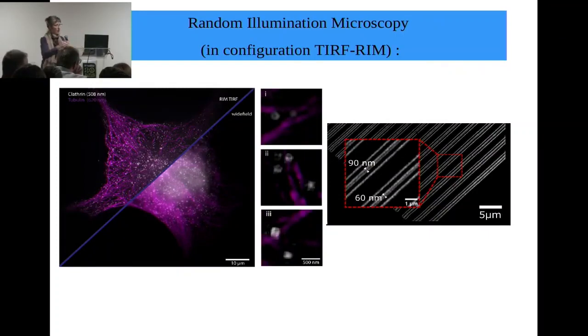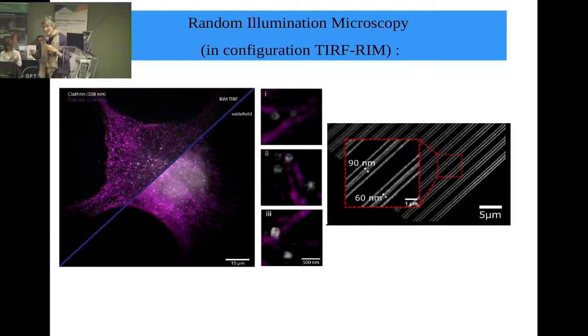And so this is an example to show you how good it is. It's very good because, look, those are the Argolight lines, and with a lot of faith, you can see the 60 nanometers. This is on a TIRF objective with 1.49 numerical aperture.